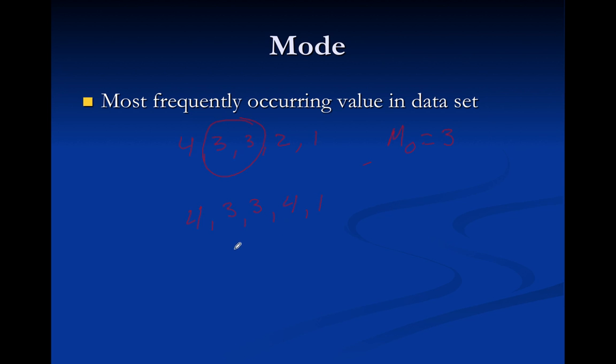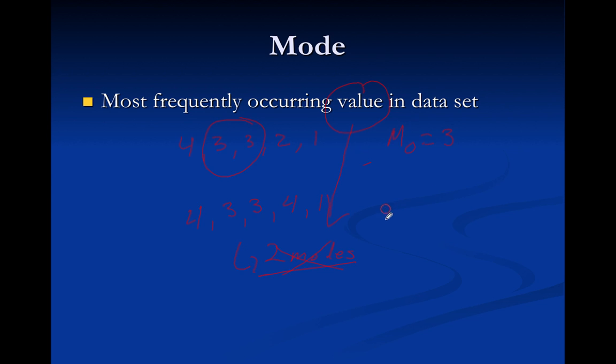Many times what people will say is, oh, you have 2 modes. That's what people will say. They are wrong. Very, very wrong. Because again, by definition, you can only have one value in your data set that occurs more frequently than any other, thus being called the mode.